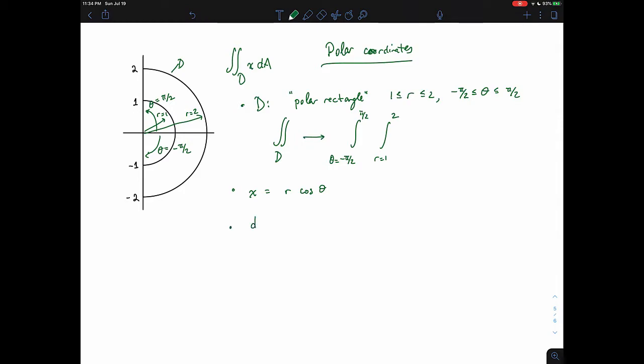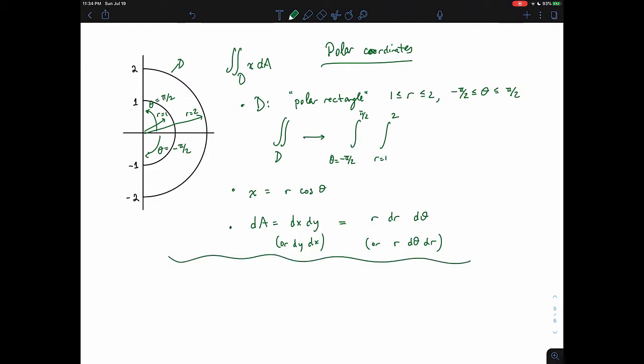And last, the area element that was dx dy, or dy dx, in Cartesian coordinates. In polar coordinates, this area element is r dr d theta, or it could be r d theta dr if we wanted to integrate in the other order.